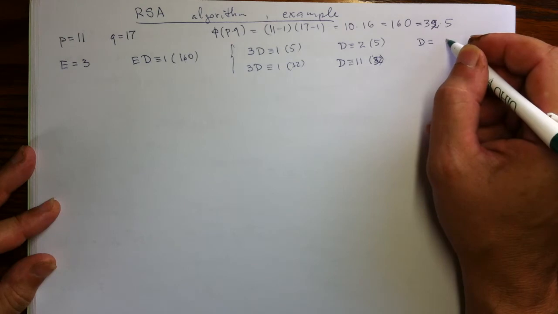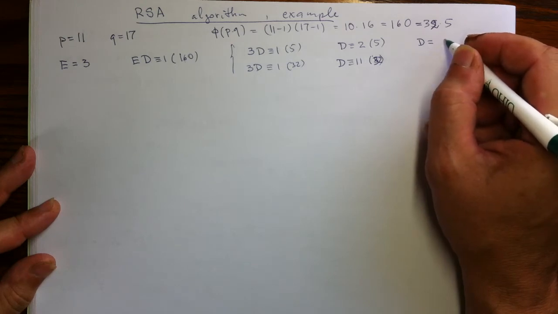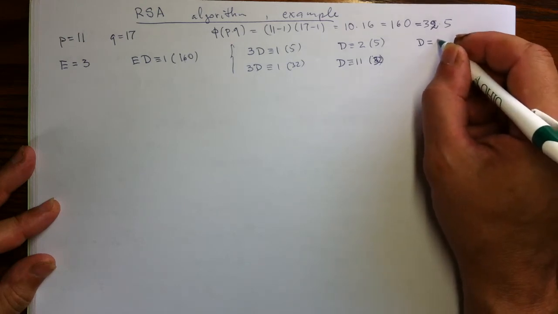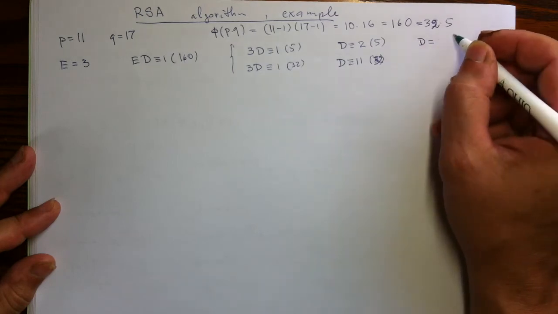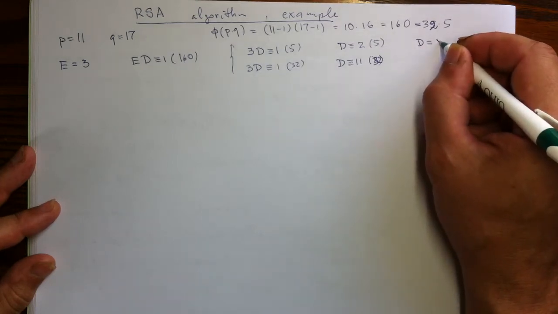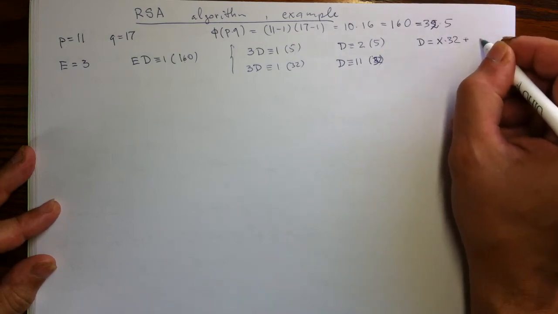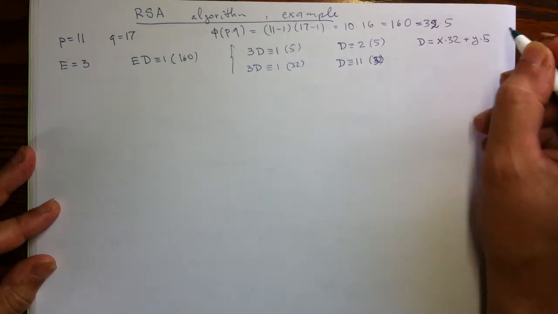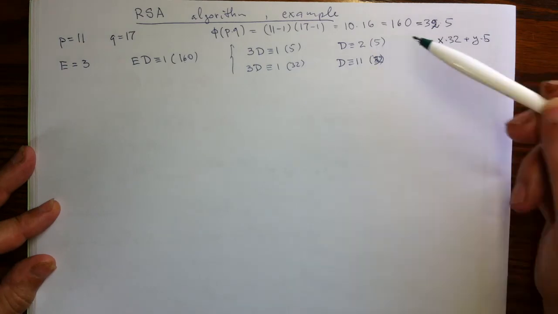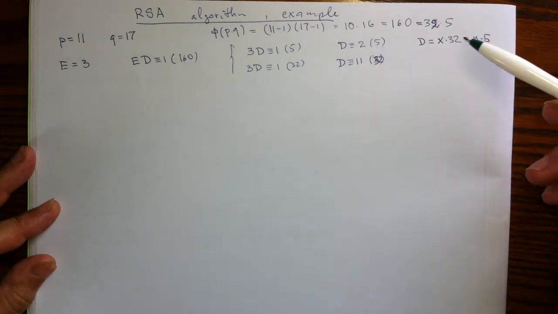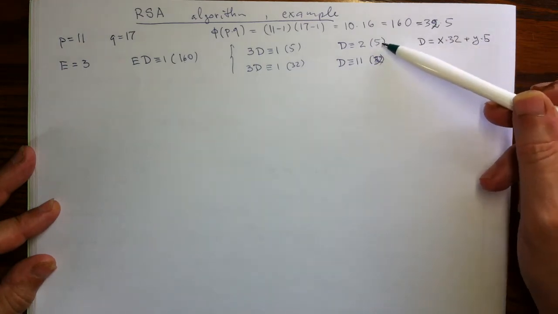So I can write my D in the following template. I can write it as x times 32 plus y times 5, and then using these congruences find x and y, modulo the corresponding moduli.